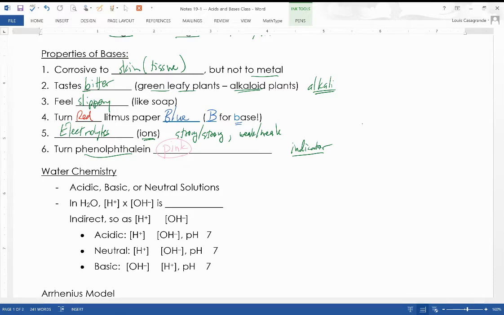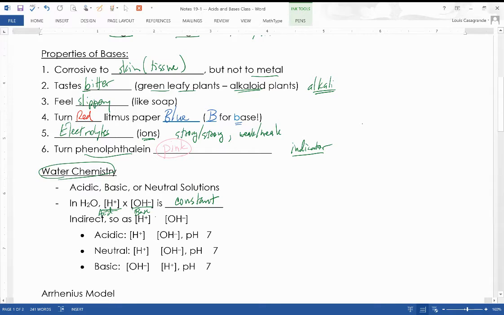Now, acids and bases work because water itself has some chemistry. And we'll come back to this when we talk about pH, because that's really where this water chemistry comes from. But it turns out that in water, the concentration of hydrogen ion, which is an acid, and hydroxide ion, which is a base, multiplied together is constant.